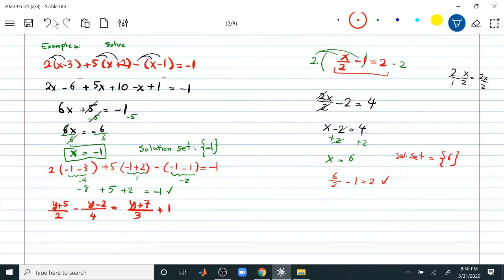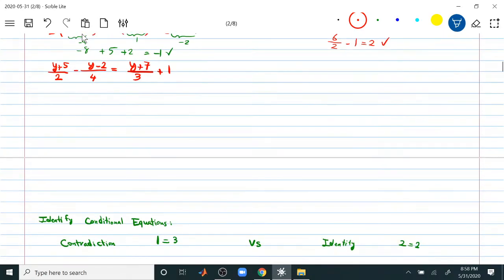Okay, let's do maybe one more, a more complicated one. It follows the same mentality. First step is always you look at the equation and say, okay, can I get rid of the fraction? It makes it easier without the fraction.